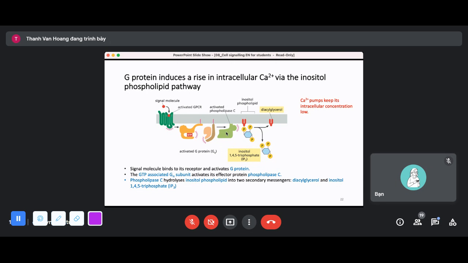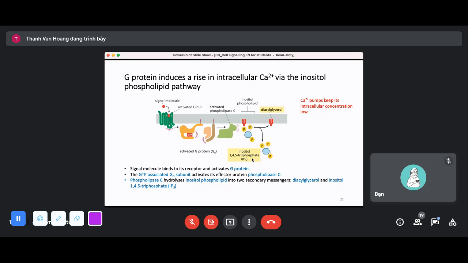So here again, the activated phospholipase C can cut inositol phospholipid into two parts. First of all is inositol 1,4,5-triphosphate, or IP3. If you cannot remember the whole name, just remember IP3.